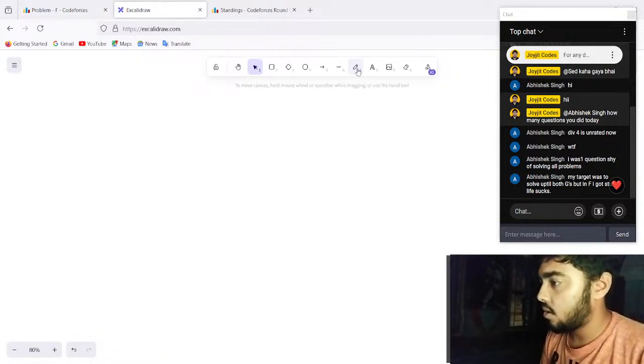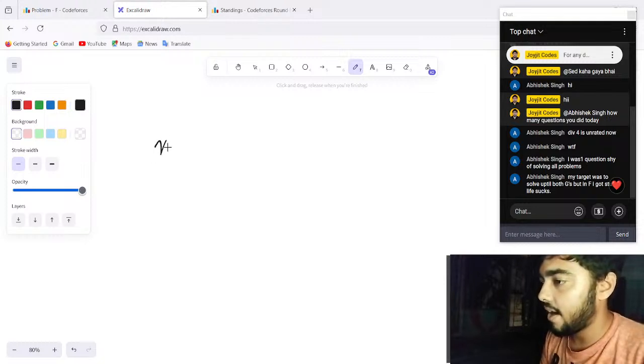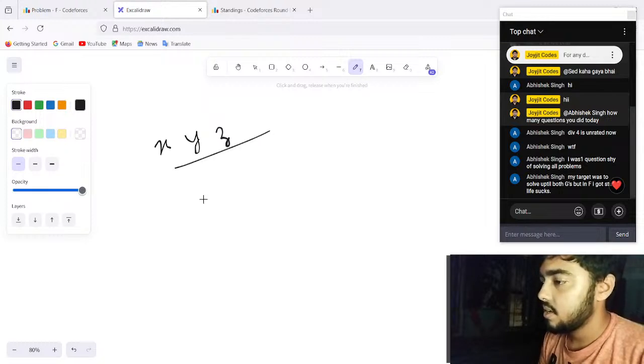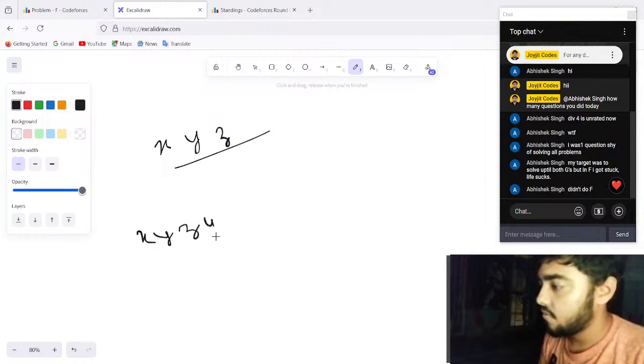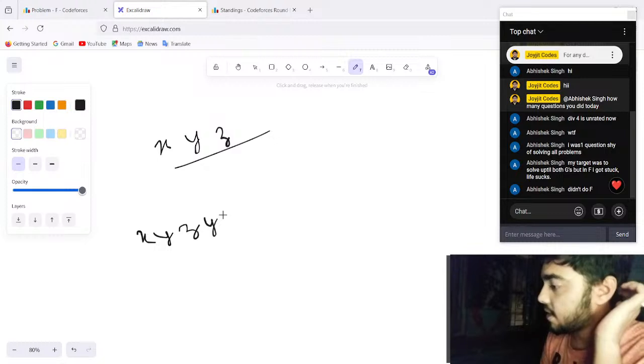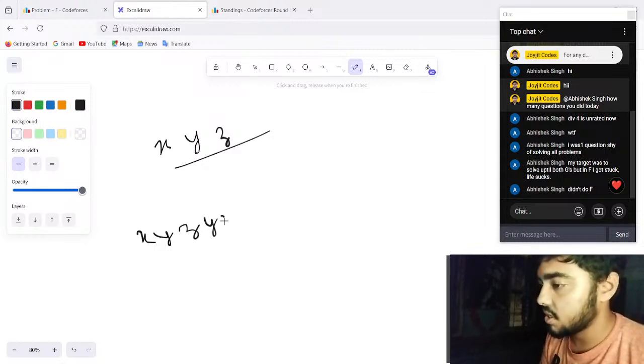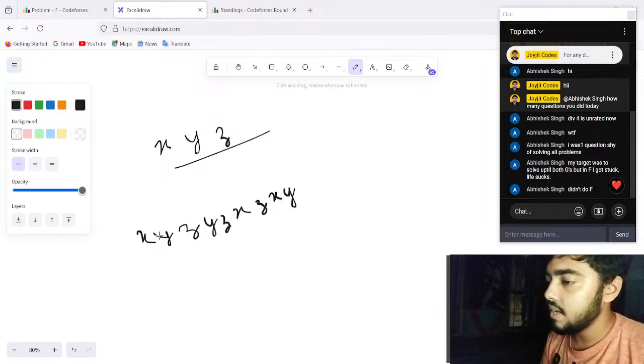So let me just show you how this array looks like. Let's say we have X, Y, Z, this is the main array. So the modified array looks like X, Y, Z, then Y, Z, X, then Z, X, Y. So what happens is we are just shifting it by one cycle at a time.